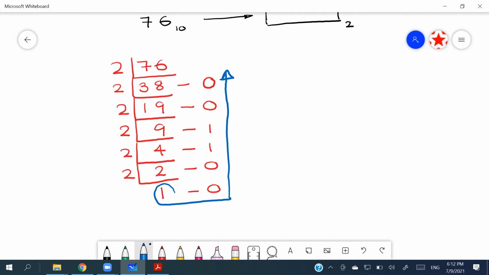That gives me the answer by writing these numbers in particular order from your left to your right. So that means the relevant answer is going to be 1, 0, 0, 1, 1, 0, 0 in binary.